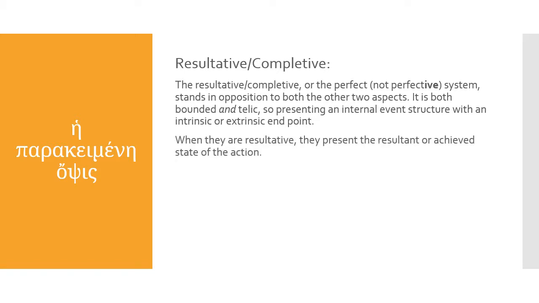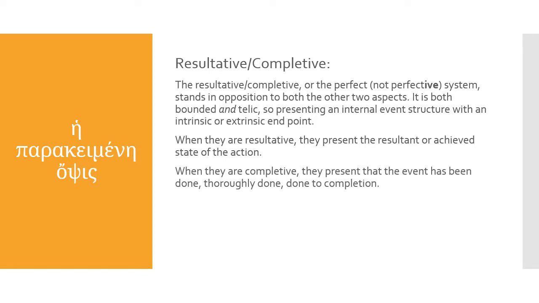When these verbs are resultative, they present the resultant or achieved state of the action. When they are completive, they present that the event has been done, thoroughly done, done to completion. So that's the difference between resultative and completive. A resultative version of this presents the resultant or achieved state of the action.